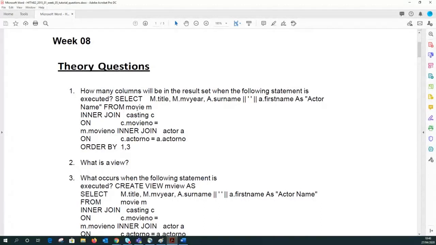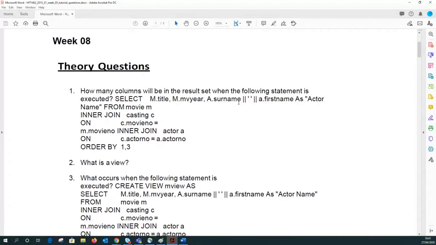So they are selecting the movie title, M stands for movies, yes, and movie year, surname, first name.